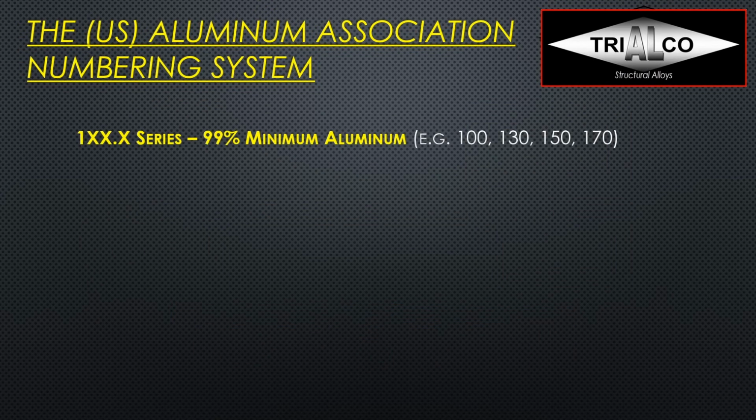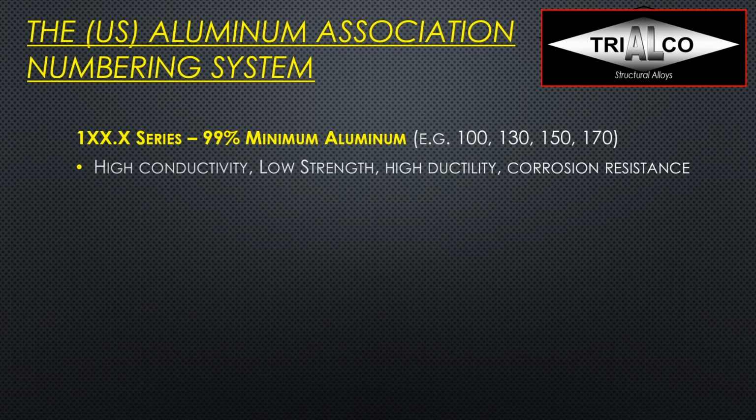So now let's have a look at the different series in our foundry alloys, and let's get started with the 100 series. As I said before, that's pretty much pure aluminum, so at least 99% minimum is aluminum. The typical representatives here are 100, 130, 150, and 170. And they all have one thing in common, pretty high conductivity. Of course, it's pure aluminum.